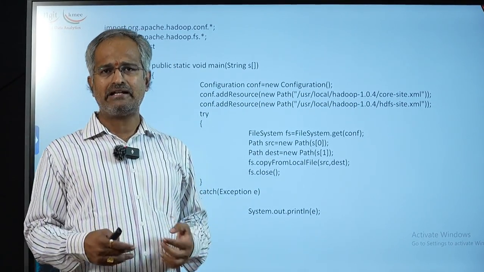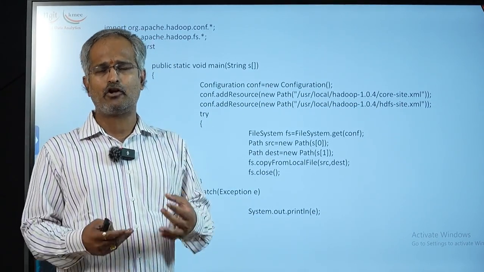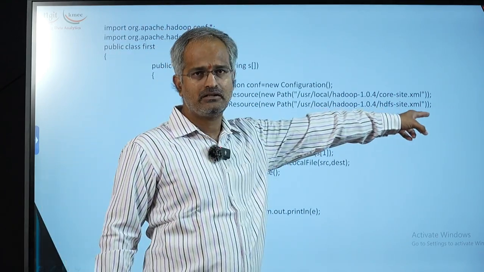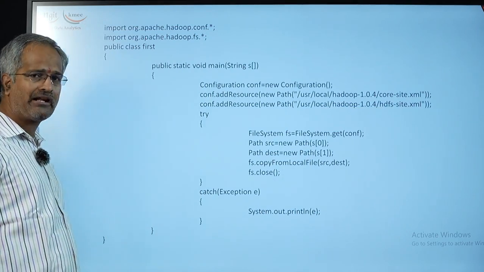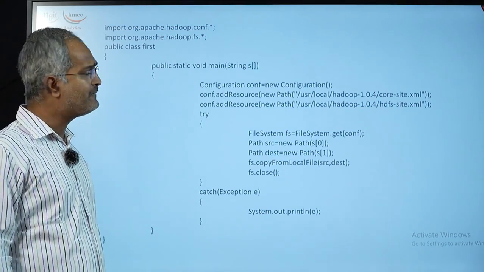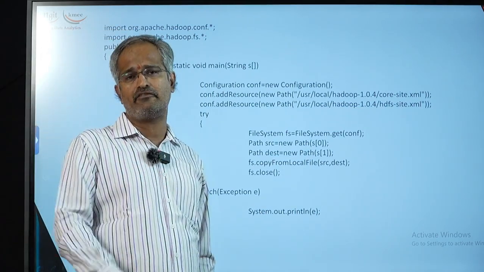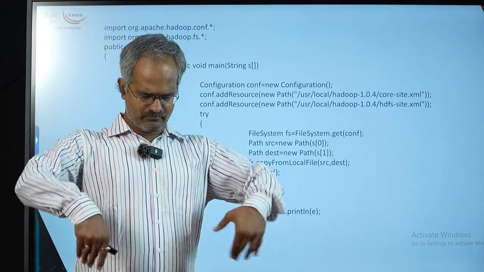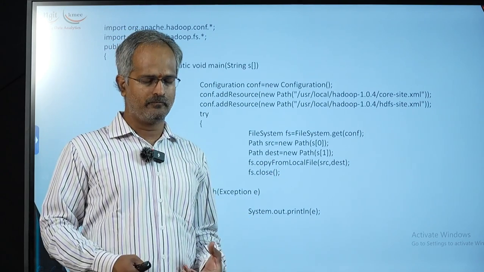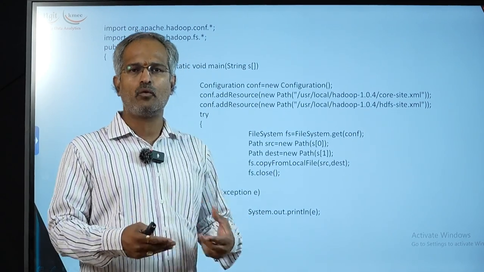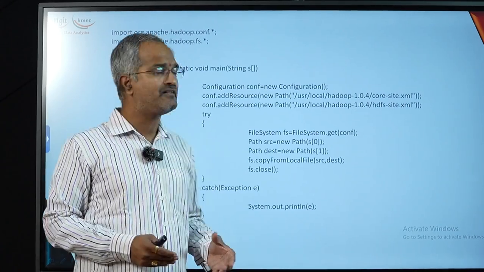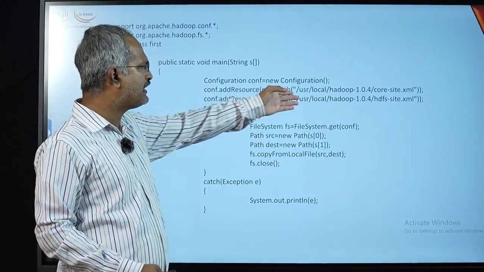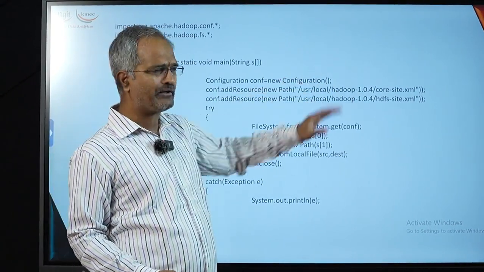By default it will take the Hadoop environment because of the file system interface, but you can also add the configuration file if you are running from a different environment, and if you want to use a different Hadoop cluster. Let us say, for example, if we have two Hadoop clusters in our network and you want to use one of them, then we can set the configuration file. Generally we need not use that, but it is better to give.